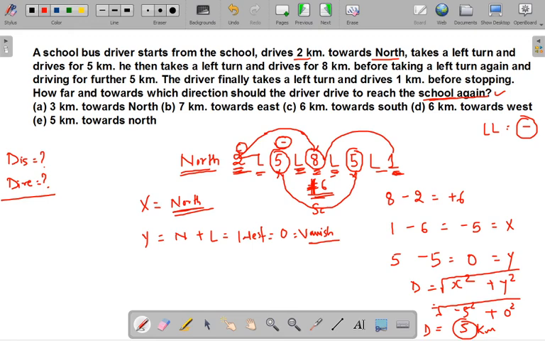Whenever the value of x is positive, the direction will be opposite. So originally the north will become south, but later the value of x is negative, which is minus 5. So this south will remain south, since the next step the value is negative. So here x is actually south.